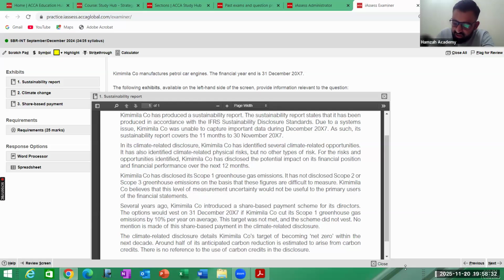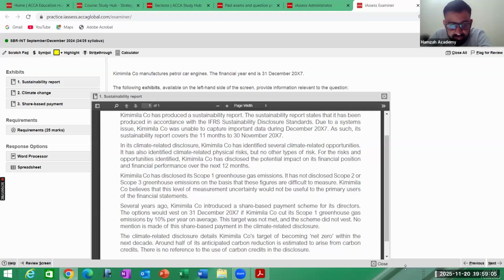Now, the first issue which I am feeling here is that the period of the disclosure on sustainability should be the same as your financial year. So if your financial year consists of 12 months, the reporting period should also cover the 12 months. So the first thing is that they are not covering the whole financial period.